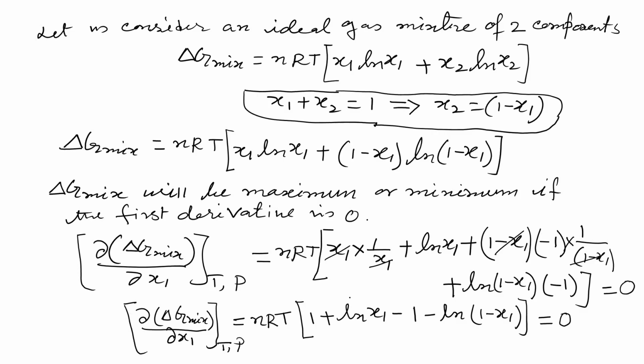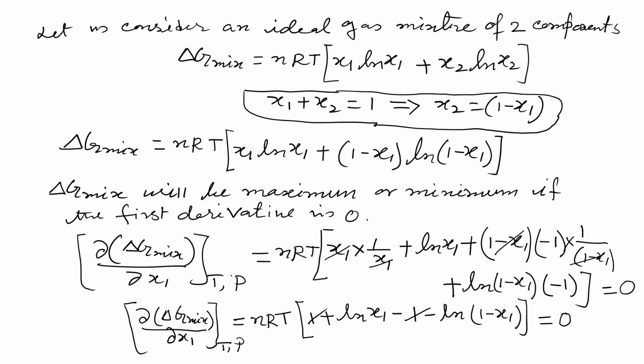First derivative should be 0. Right? Now from here you see this 1 and 1 are getting cancelled. So left over is ln x1 minus ln 1 minus x1 is equal to 0.